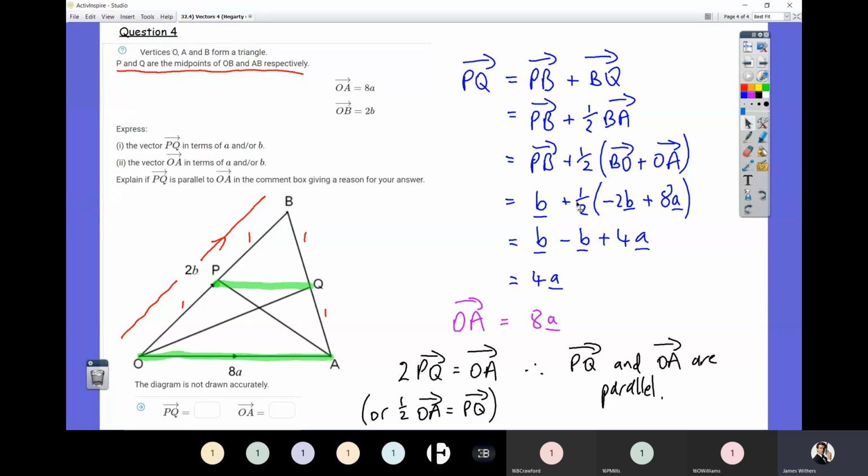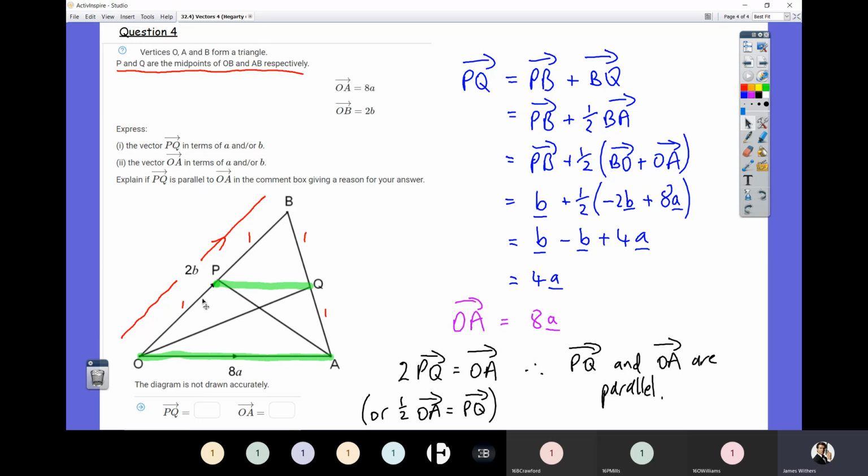So process the algebra with your double claw. Half of minus 2b is minus b, half of 8a is 4a, and then it's really nice. This is what you were hoping would happen. The b's cancel out. b take away b is nothing, so you just get 4a.